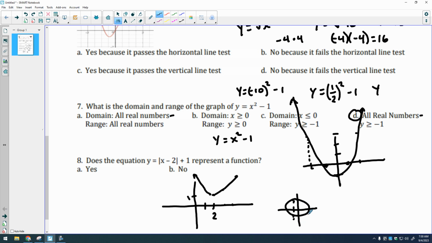This is an equation, something like x squared plus y squared equals 1 or 2 or 5 or whatever. So this is an equation. It is a graph. It's just not a function. And simply the definition of a function says if you draw a vertical line through your graph, it can only pass through once. If it passes through twice, it's not a function.